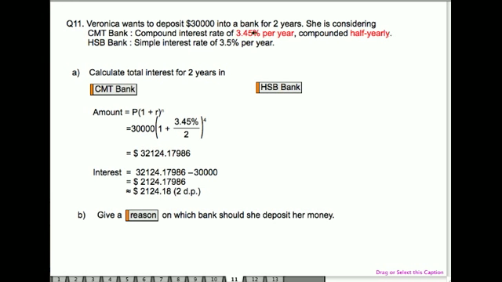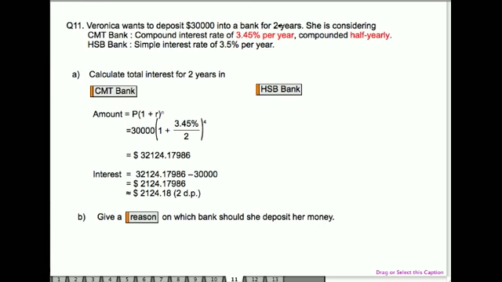Therefore, the rate must be divided by 2 to get the rate per half year. And it is for 2 years, and there are 4 halves in 2 years. Therefore, n equals 4.